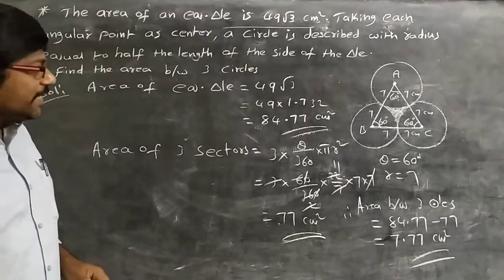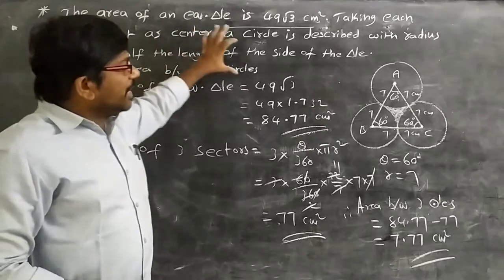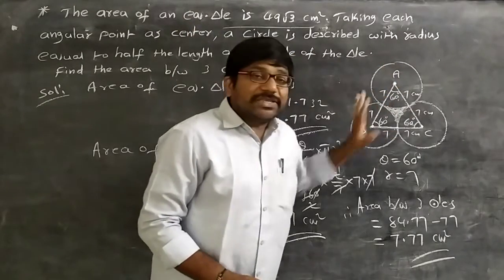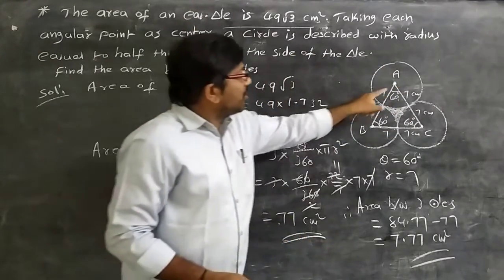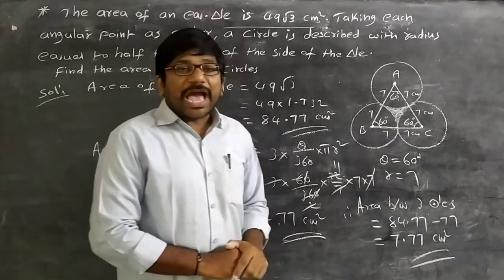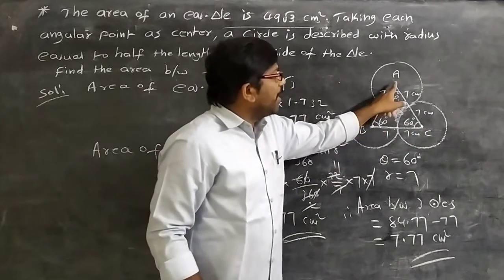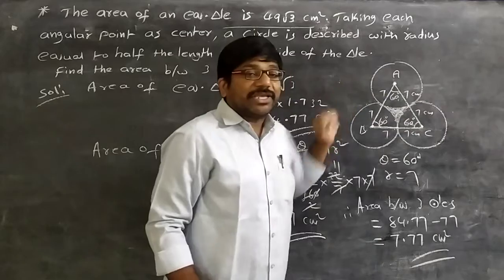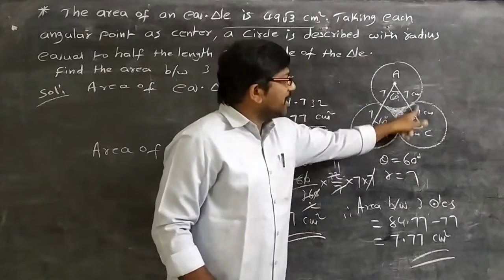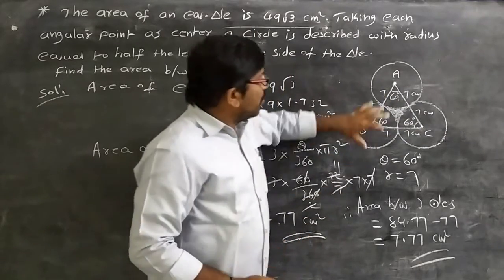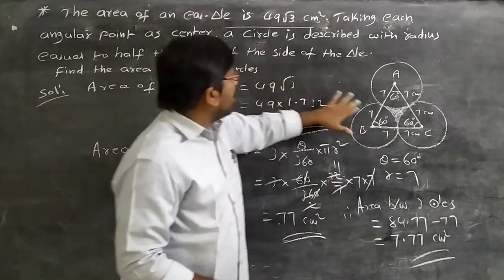So once again listen. The given three circles with the same radius touch one another, and by joining the centers of the circles we get one equilateral triangle, right? This equilateral triangle area is also given.